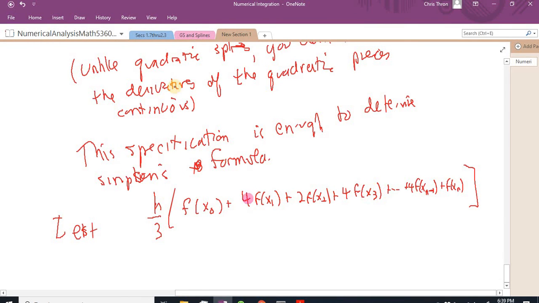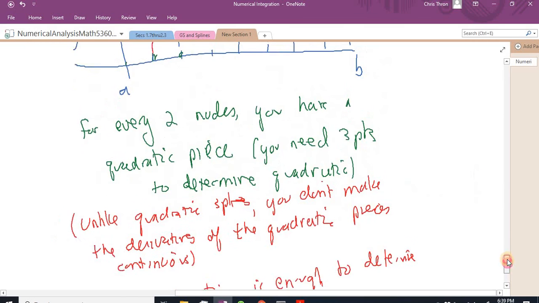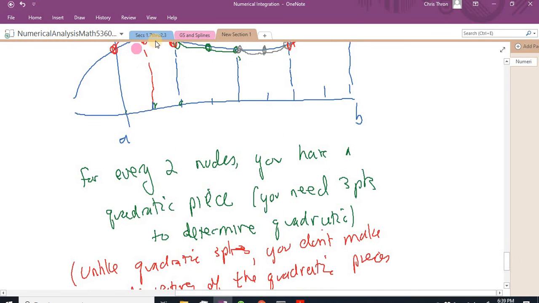Now this formula comes from this derivation. This is what's under the hood: you're thinking of this function as quadratic pieces, and you're piecing them together, just like with trapezoid you think about it as linear pieces and piece them together.